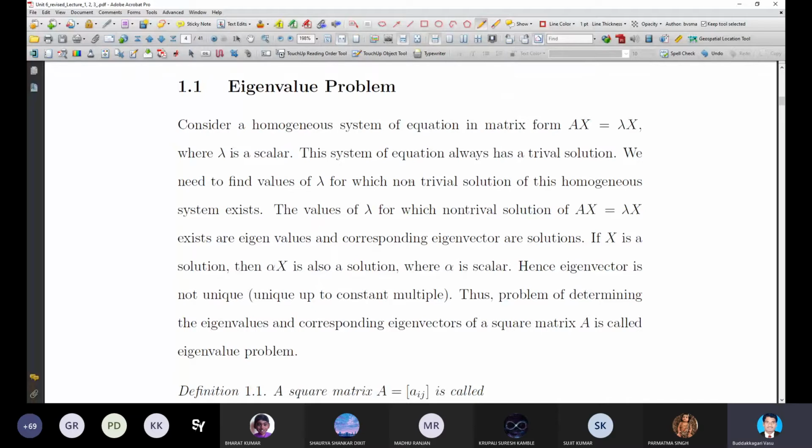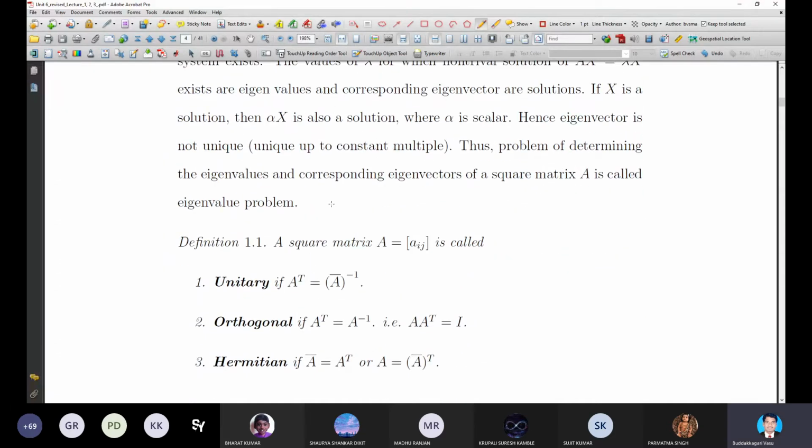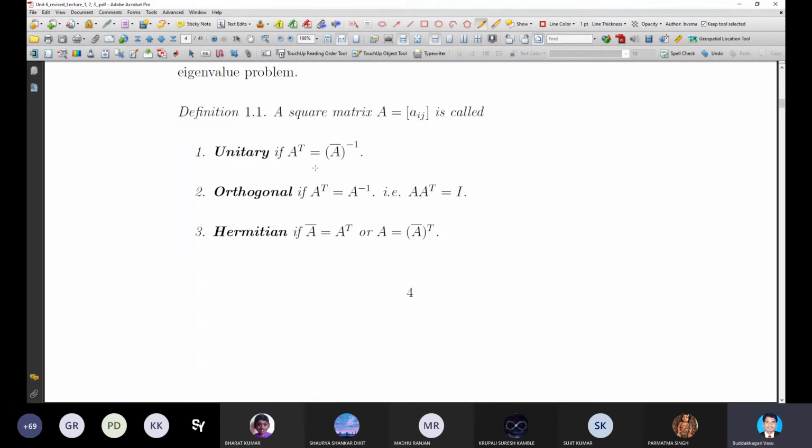There are some definitions we can describe. Unitary matrix: A transpose into conjugate of A is equal to I, then the matrix A is said to be a unitary matrix. Orthogonal matrix: A into A transpose is equal to I, then the matrix A is called orthogonal.